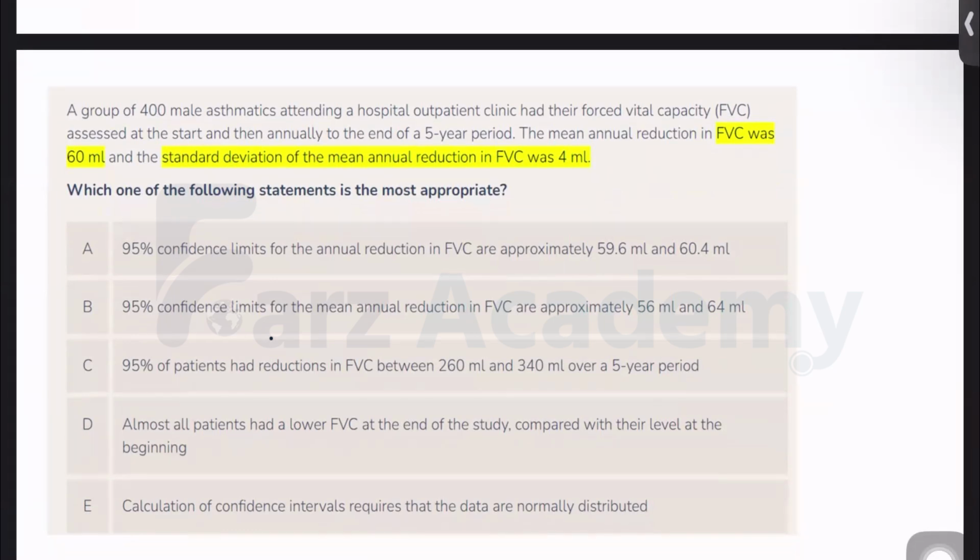So standard error of mean here would be what? Has anyone calculated that at least? Standard deviation is 4 upon root of 400. What is root of 400? 20.